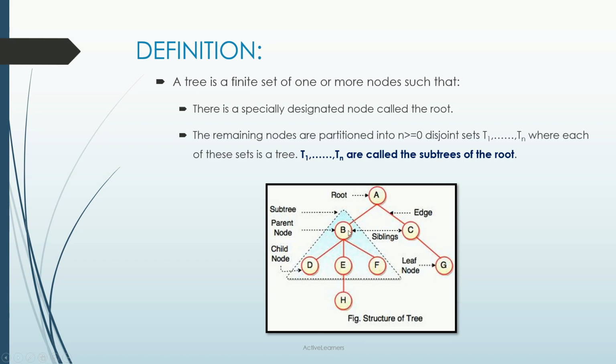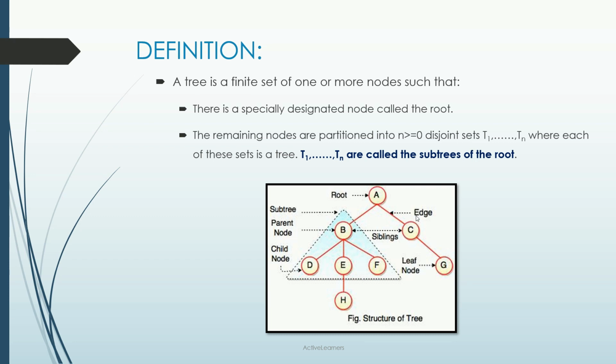But the degree of the node B is 3. And the degree of the node E is 1 since it has only one child. And the degree of the node C is 1 since it has only one child. So this is about the degree.